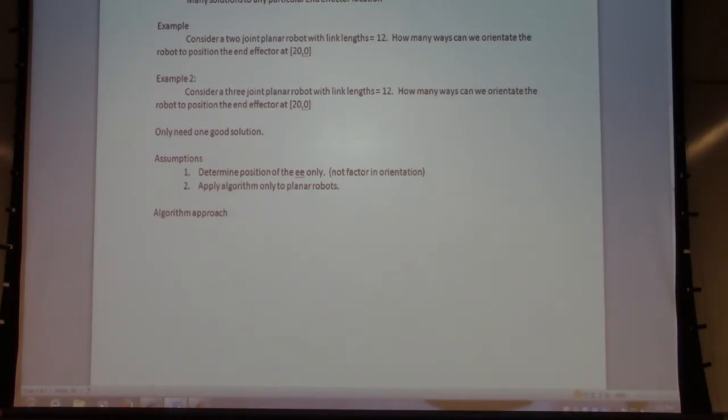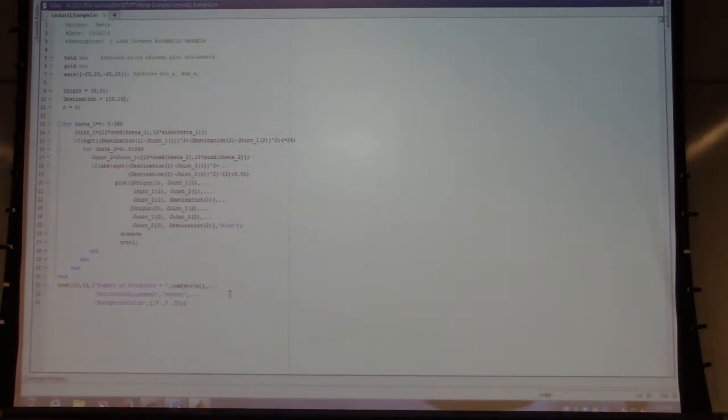What did I do? Let me pull it back up here. Did I actually go in and say, okay, set this to 0 and calculate, set it to 1 and calculate, and so on and so forth? No, what I did was I set this up as a search algorithm. I incremented through the angles and then found the angles that suited the job.